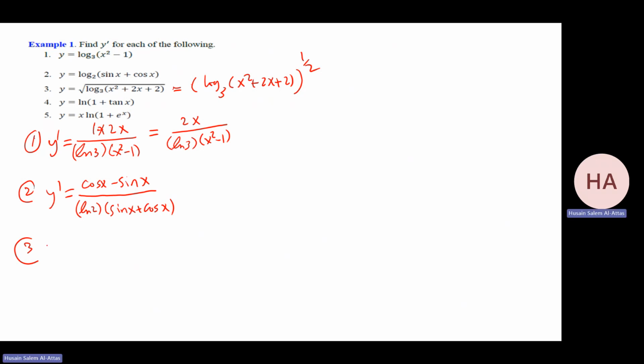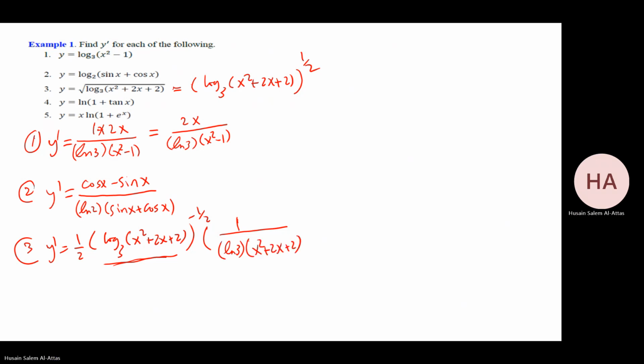So it will be half times log with the base 3 of all of this, to the power minus half, times the derivative of this, which is 1 over ln 3 for u times the derivative of u, which is 2x plus 2. This one I can simplify. Note this is 2x plus 1, so this 2 cancels with this 2.